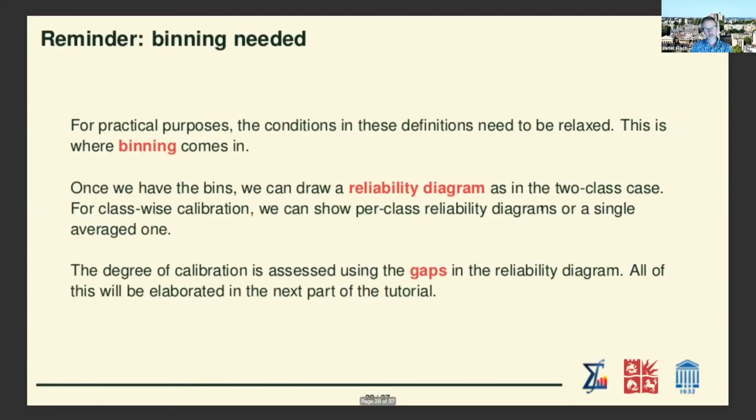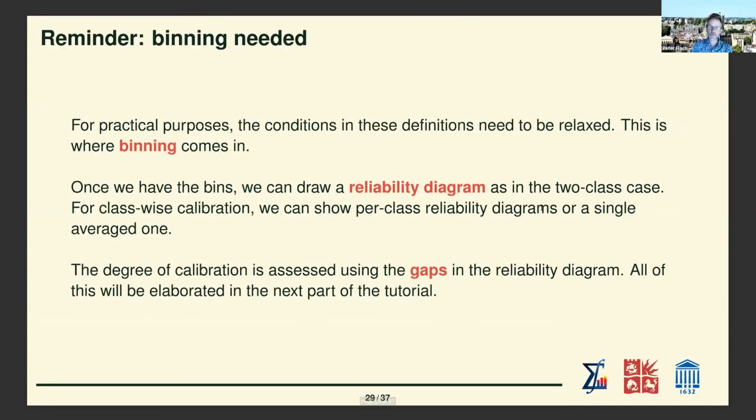Okay, so once we have the bins, we can draw a reliability diagram as in the 2-class case. So for class-wise calibration, we can either show a reliability diagram for each class separately, or we can average all of them.